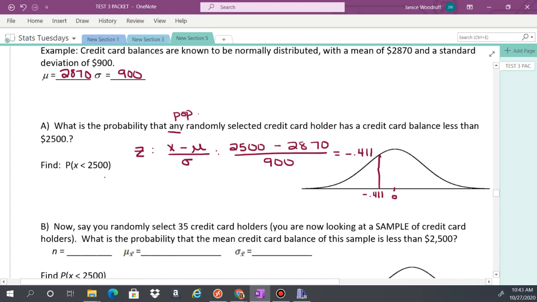And we want the probability that it is less than, so that is going to the left. So we're looking for this area under the curve here. So again, we can just use our calculator and go normal CDF. We're going to the left, so our lower limit is going to be negative 99. Our upper limit, negative 0.411.